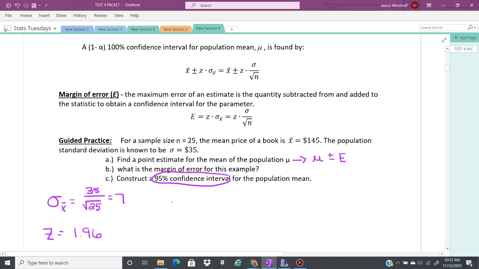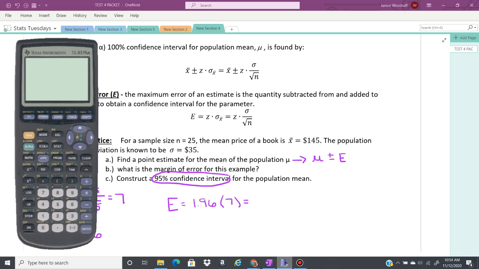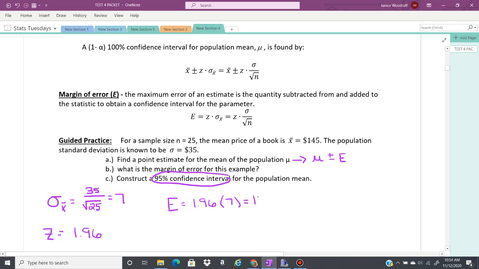Our E is going to be our Z value, 1.96, times the standard deviation of our sample, 7. That's going to give us 13.72. This is the margin of error, for B.